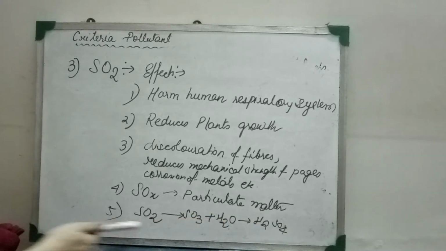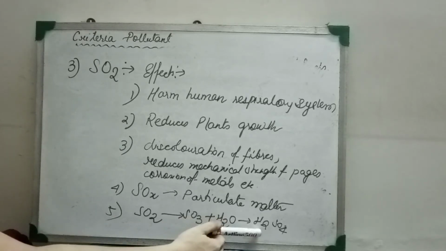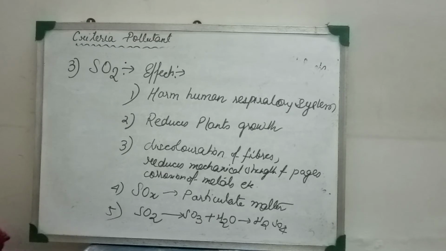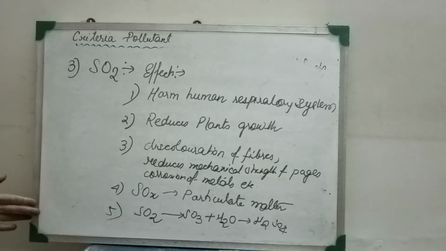So this sulfuric acid contributes towards acid rain, and SO2 emitted from industries in larger concentration gets oxidized in the higher atmosphere and immediately reacts with atmospheric water to form sulfuric acid, and then it causes corrosion of metals, and there are many other consequences of acid rain. So these were the effects of sulfur dioxide.